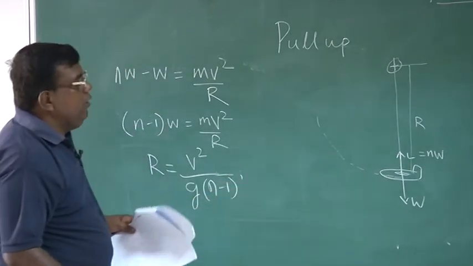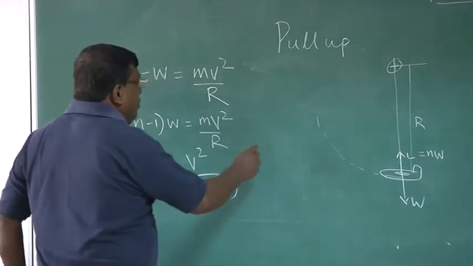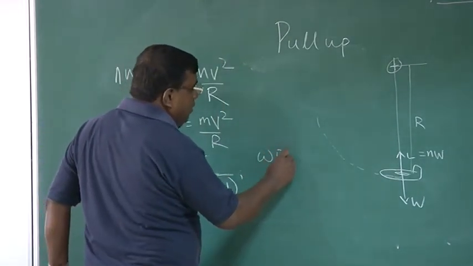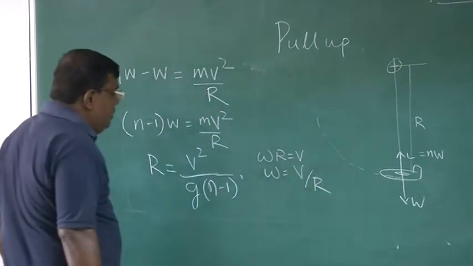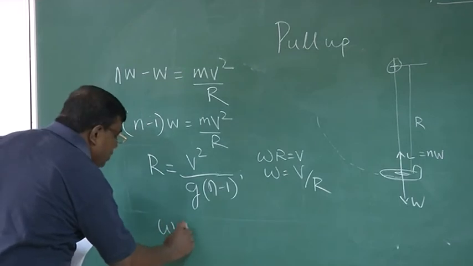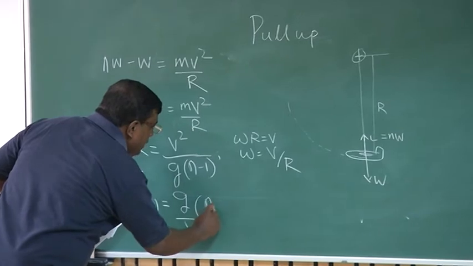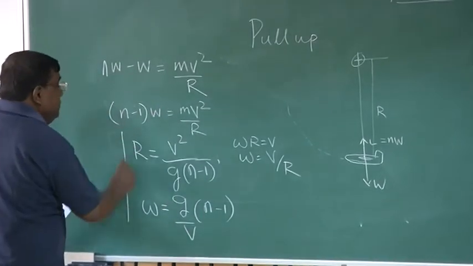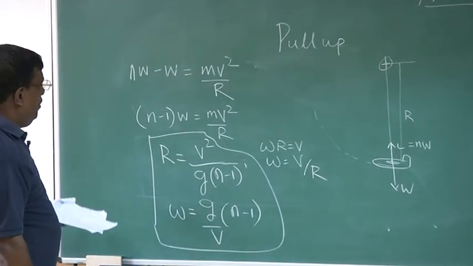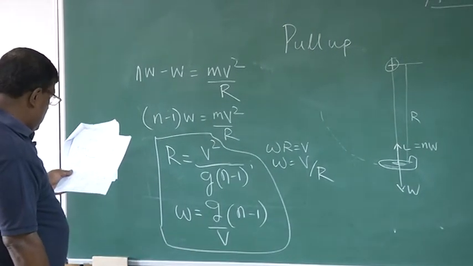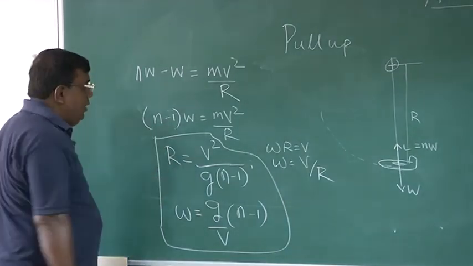This is the radius. And if I want to know the angular rate omega, omega r equal to v, or omega equal to v by r. Using the relationship, omega is equal to g by v (n minus 1). Let me check: r equal to v square by g(n minus 1) and omega equal to g by v (n minus 1). What is the message you are getting out of this?